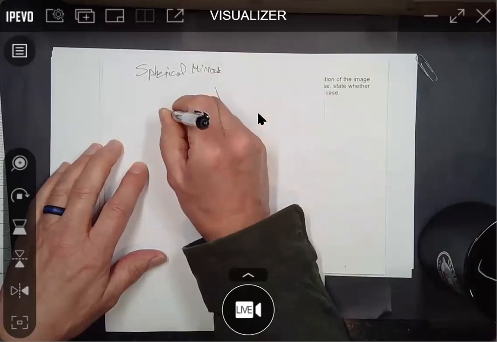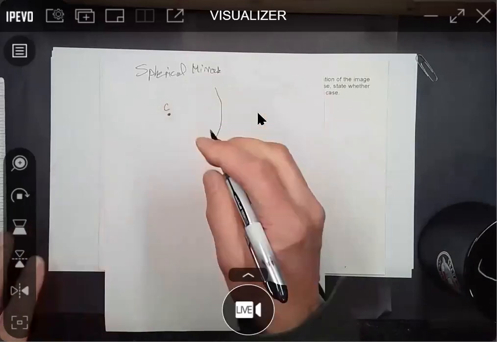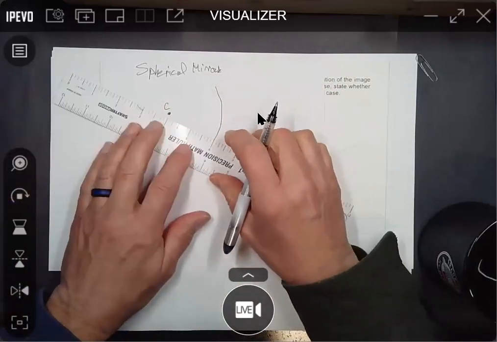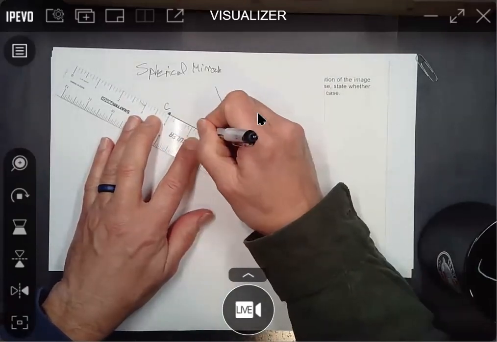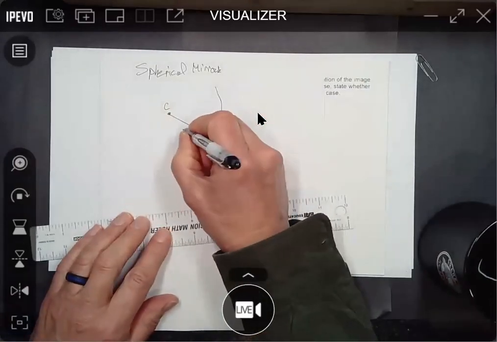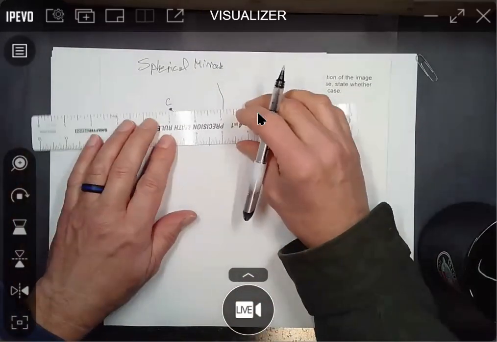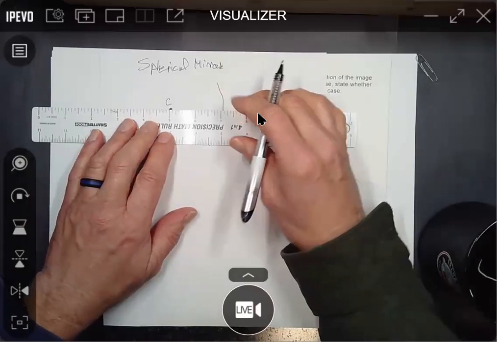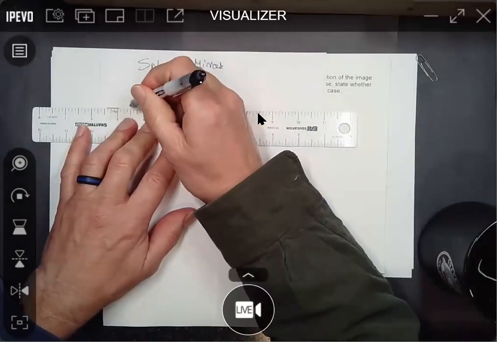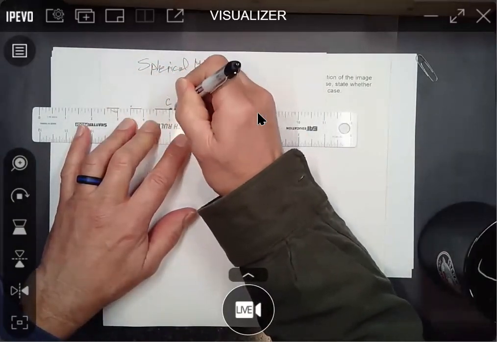And the spherical mirror will have some center of curvature here, where this will be the radius of the spherical mirror. And they draw something that's sort of like an axis of the mirror.